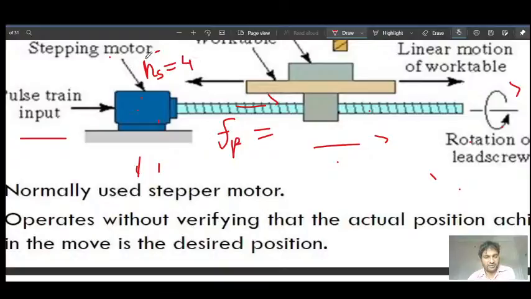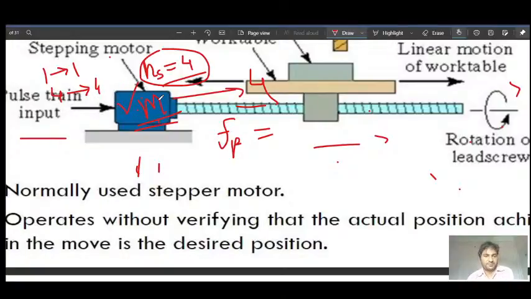To turn the motor one complete rotation, how many pulses do we need? For one rotation, 4 pulses, correct? Because one pulse is responsible for rotation of one step angle, so 4 pulses are needed to rotate 4 step angles for the motor.